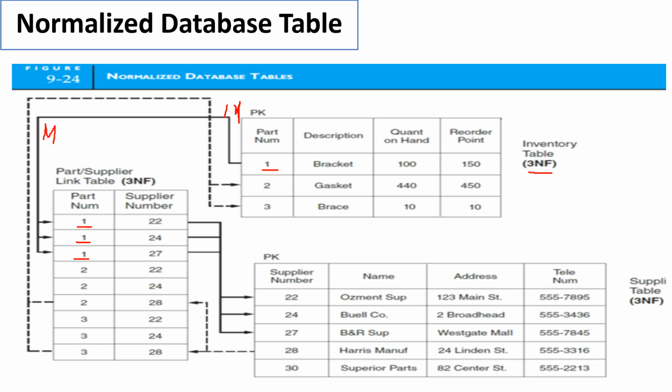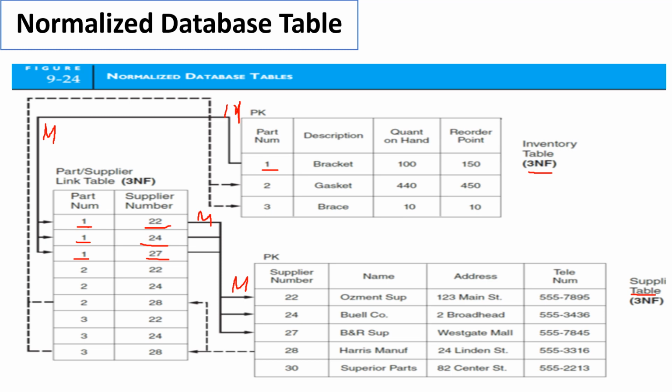So for part 1, it can be ordered through three suppliers, numbers 22, 24, and 27. So this relation is many to many. It's connected to the suppliers table. Okay, so that is how we explain this.